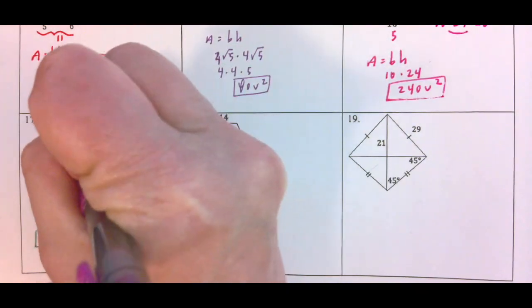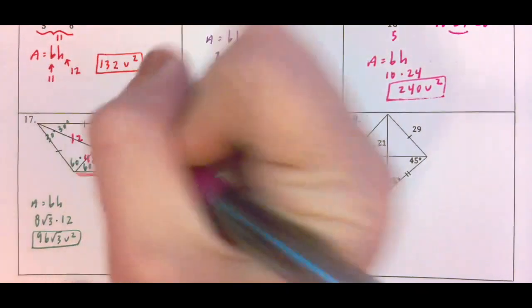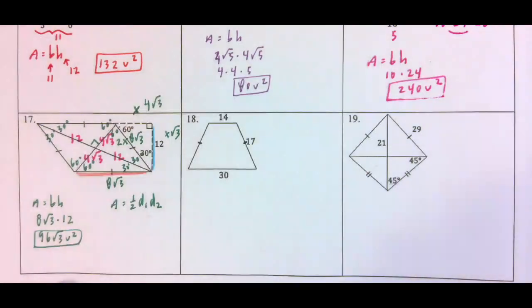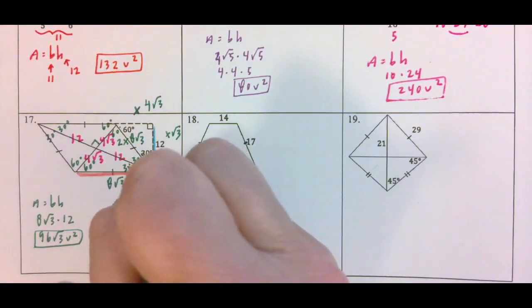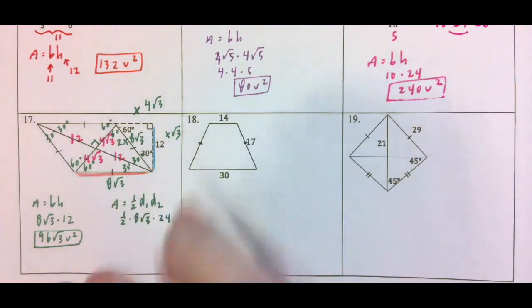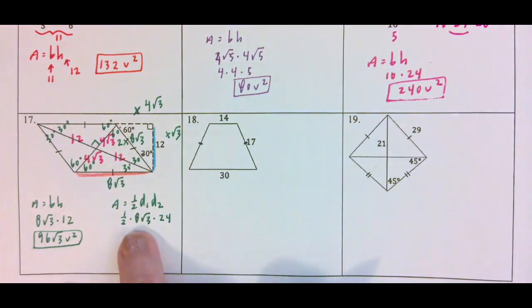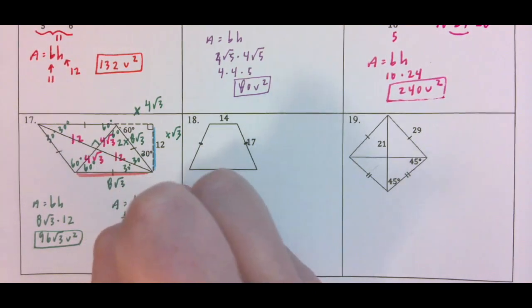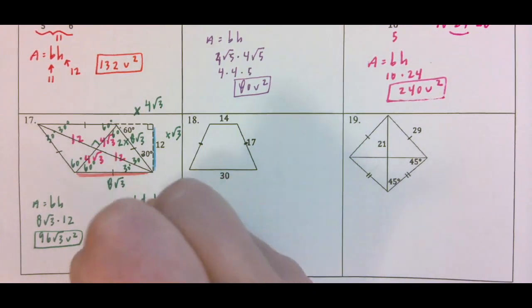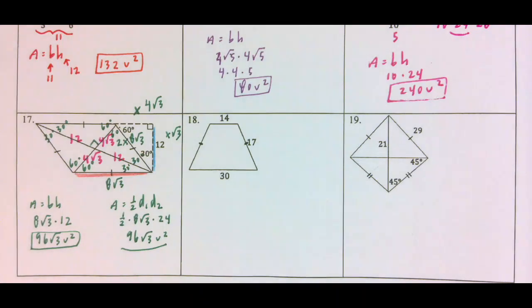That would also be 12, and then that would also be 4 root 3. So if I take half of the short diagonal, 8 root 3, and then the longer diagonal, 24, half of 8 is 4. 4 times 24, we're back to 96 root 3 units squared. So again, just an alternate way of getting to the same conclusion.